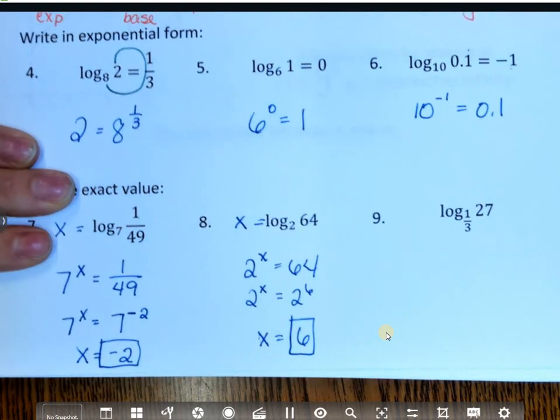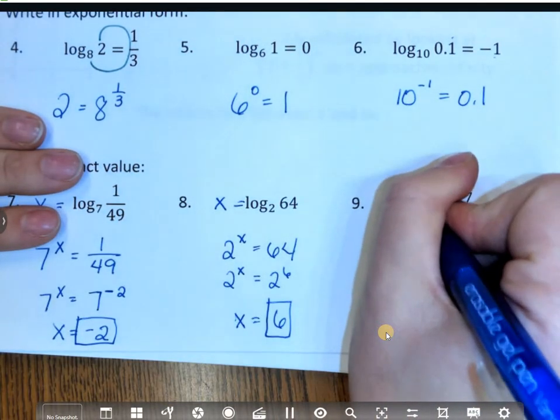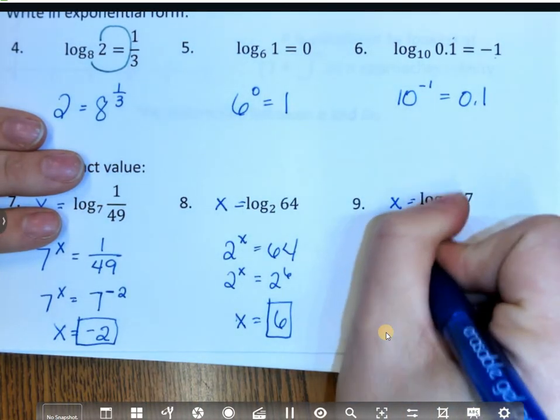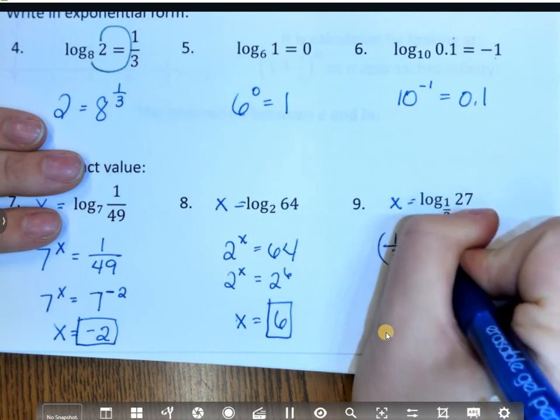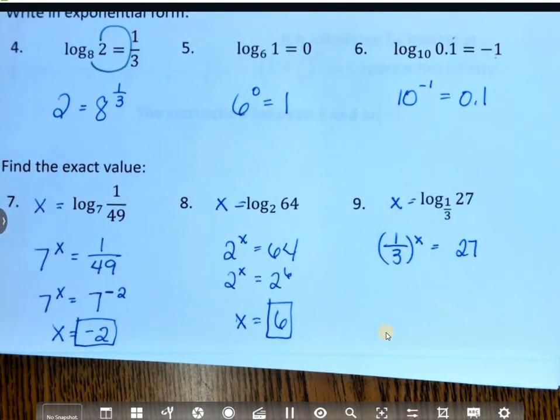Now I wanted to do 9 with you guys because 9 is a little bit weird. If I rewrite that as an exponent, what would you have? 1/3 to the x power is 27. The reason why I think that's a little bit difficult is I don't really want to write 27 as a power of 1/3.